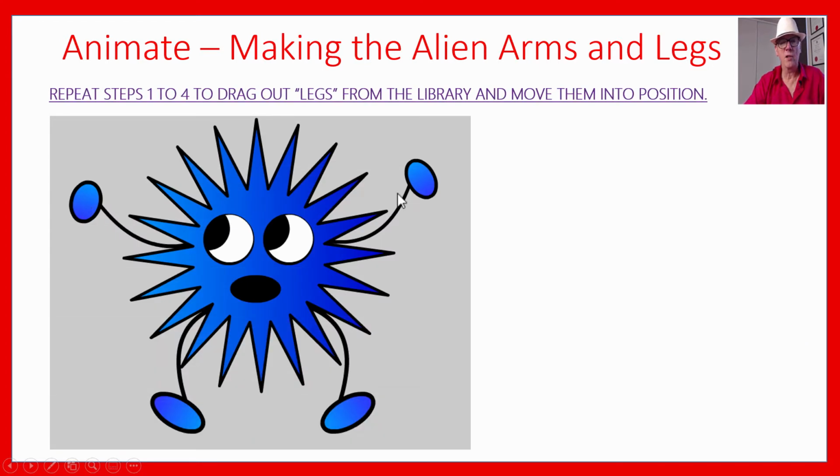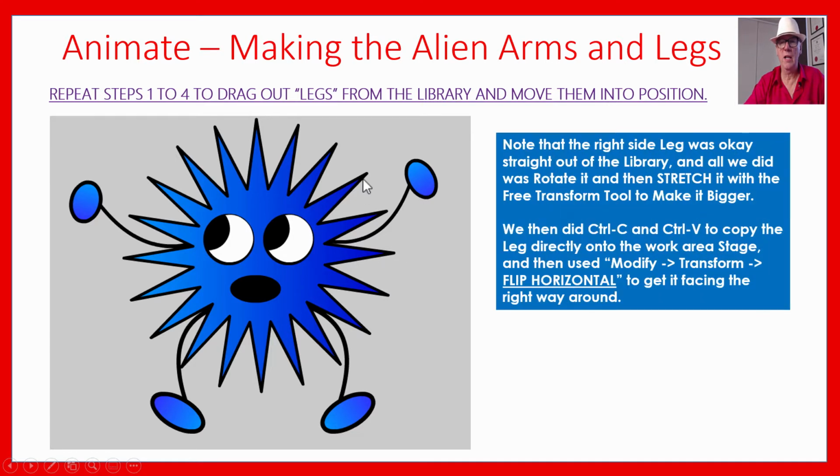And then we've got the two arms that match. Now you can drag out a leg from the library and put it there, and we've expanded it to make it a bit bigger as well. But when you're doing that second leg, it'll be facing around the wrong way. So while you've clicked on it, you go to Modify, Transform, but this time you use Flip Horizontal, and that'll get this second leg facing the right way, because you don't want both legs kicking to the left.